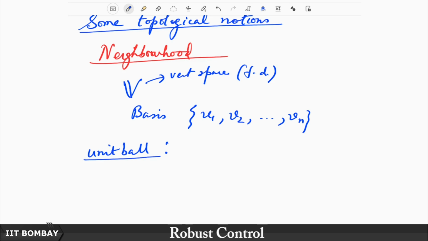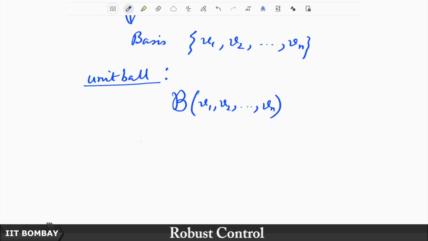So, how do we define this unit ball? Here is how we define this unit ball B, subject to my choice of basis, as follows. You have alpha 1 u1 plus alpha 2 u2 plus dot dot dot till alpha n un belonging to the vector space V. So, what is this?